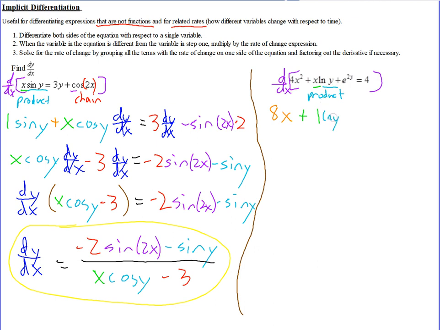plus x as it is, times the derivative of natural log of y, which is 1 over y. And that's where, since it's a y term, we have to multiply by dy/dx.